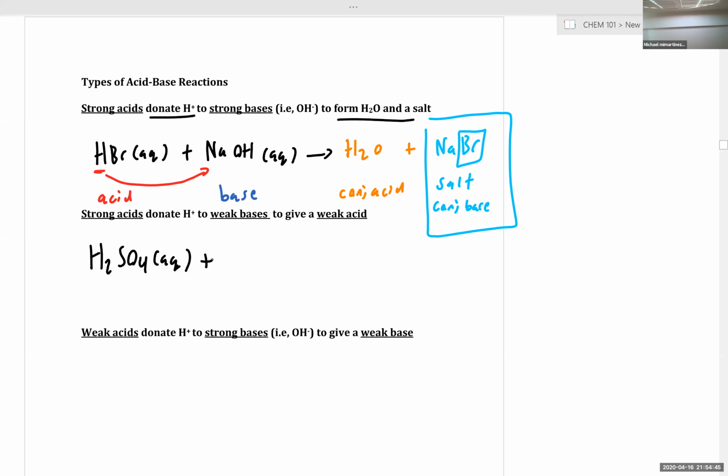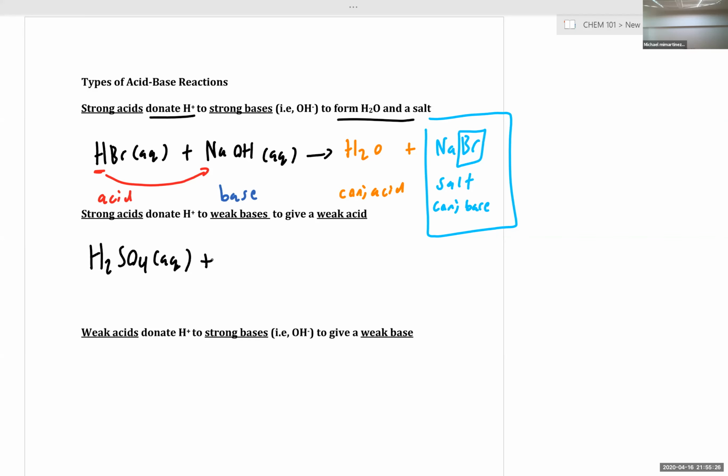What's an example of a weak base that we can use? KOH is a little too strong. Let's try to find a weak base to talk about. And you can go from your list of weak bases or from your book.